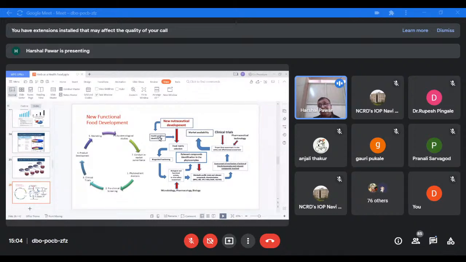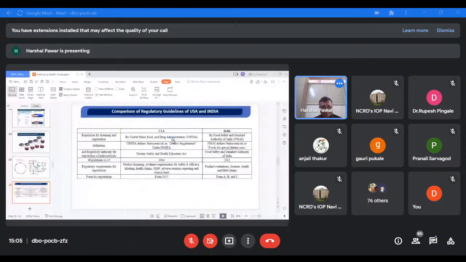But when you are making a claim of a product as a pharmaceutical, then obviously whatever regulatory guidelines are applicable to a pharmaceutical product, all these guidelines are applicable to your product, right? So you should be very smart while labeling your product, whether you are labeling it as a functional food, claiming it as a nutraceutical, or claiming it as a pharmaceutical.